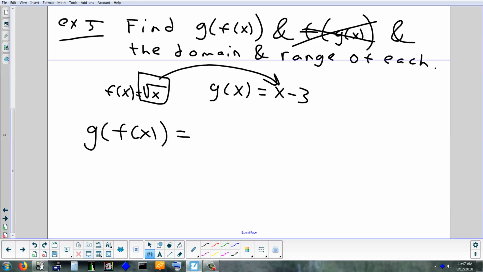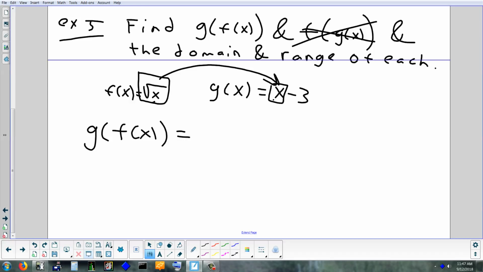But there's no exponents. Is it square root of x in parentheses squared minus 3? Nope, there's no exponent of 2. So that square root's not going to cancel out this time. Literally, you're just going to change what's in that box with what's in that box. And that'll be it.